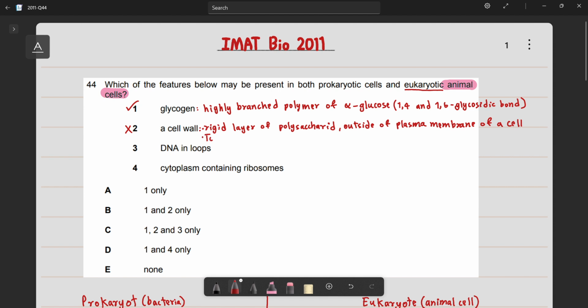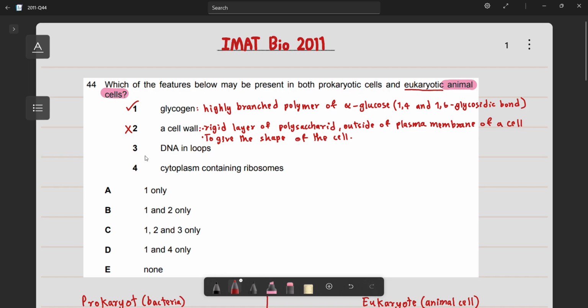It is to give shape to the cell, meaning it maintains the shape of the cell in a structured form, mainly to give structural support for the cell.